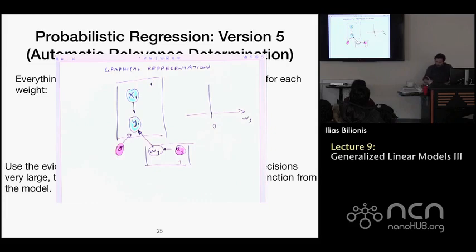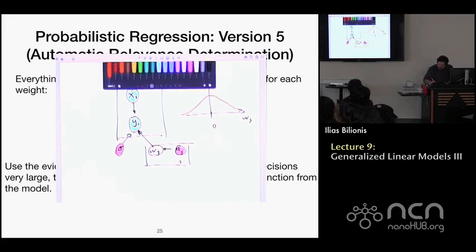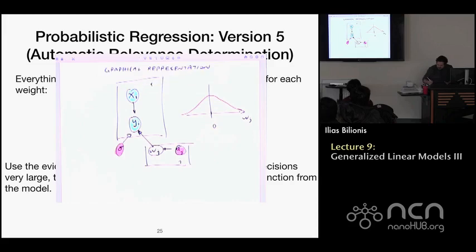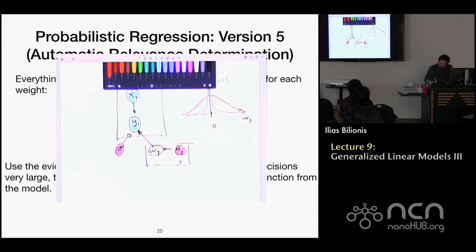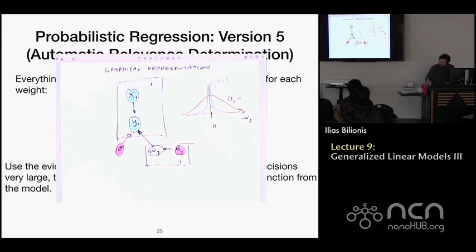So for small alphas, the prior of w would look like that, and for very big alphas, the prior of w would look like that. This is for alpha_j much bigger than 1. This is for alpha_j of the order of 1 or so.